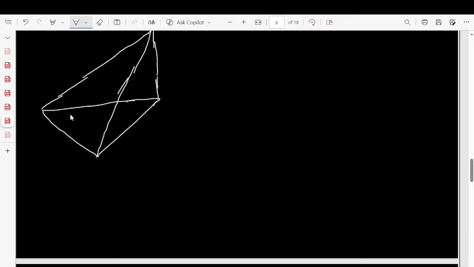So this will be my C, this is B, and I have this as A, and we're going to call that point D, and then the height is H, and this is my 90 degrees.